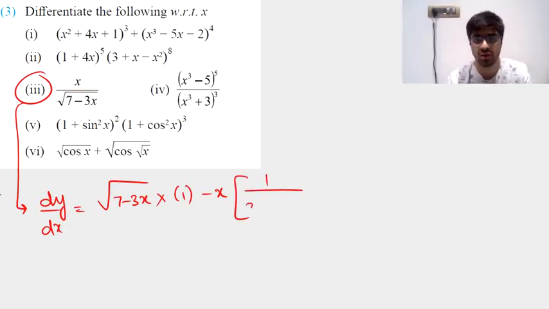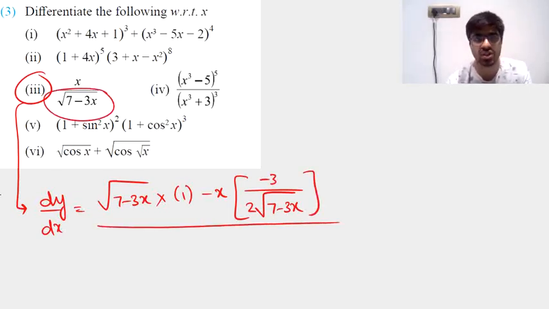The derivative will be 1 upon 2 root (7 − 3x), further multiplied with the derivative of (7 − 3x), which will be −3, and that's what you get in the numerator. The whole thing divided by v², which is (7 − 3x), and yeah, we can solve it further. So you can see that here it's going to be a plus 3x, so let's make it 3x here.